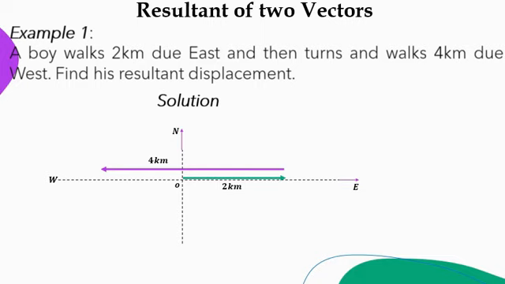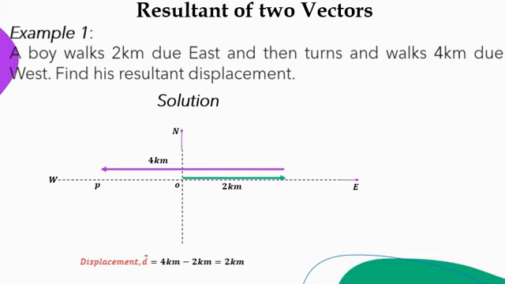So here, let's assume the boy ended at point P. The resultant displacement is going to be equal to 4 kilometers minus 2 kilometers, which will give us 2 kilometers. But we also need to know the direction because displacement is a vector quantity.